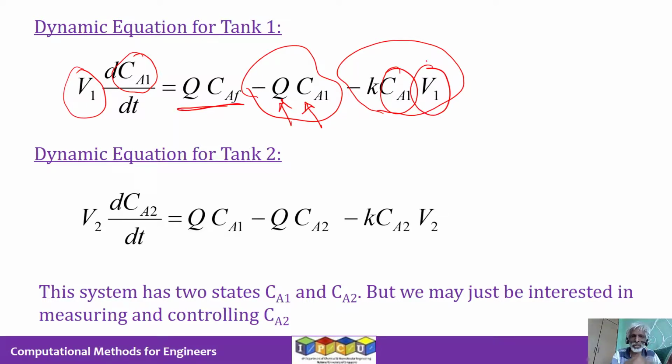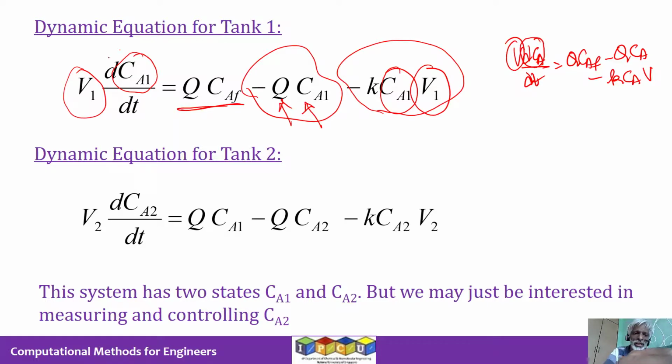When we had only one reactor, our equation was V dCA/dt = Q CAF - Q CA - K CA V. Now the volumes of the two reactors can be different from each other, so instead of V we write V1 for reactor 1. The concentration of A inside the reactor is CA1. In example 4 it was CA, now it is CA1, so we replace dCA by dCA1.